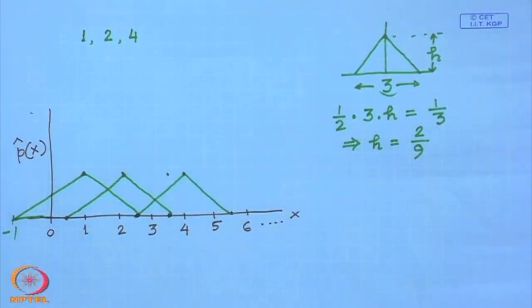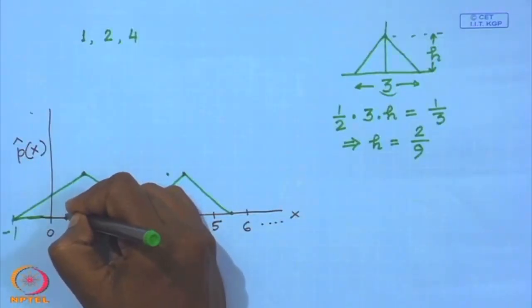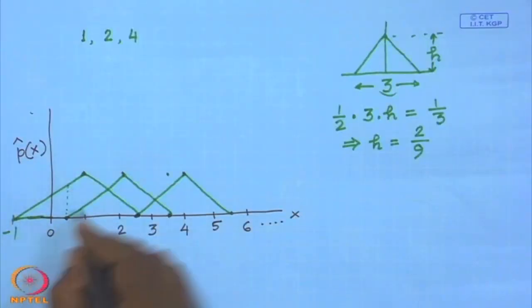My final probability density estimate will be the sum of all these triangular windows. Up to this point, I have only one window.